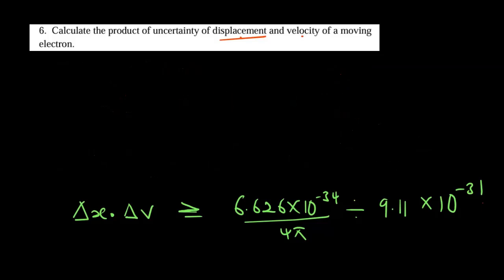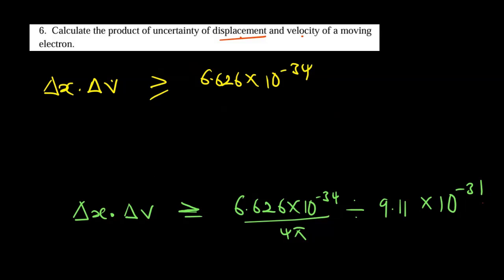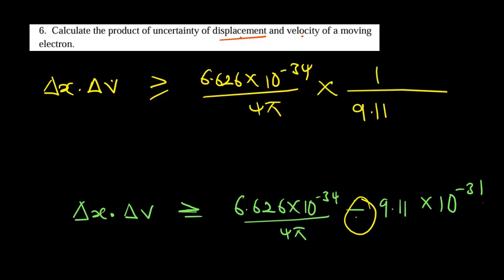Okay, so you can say this here is the same as this. So I have 6.626 times 10 to the power minus 34 divided by 4 pi, and then this one is division, so we can write it as multiplied by 1 over 9.11 times 10 to the power minus 31.